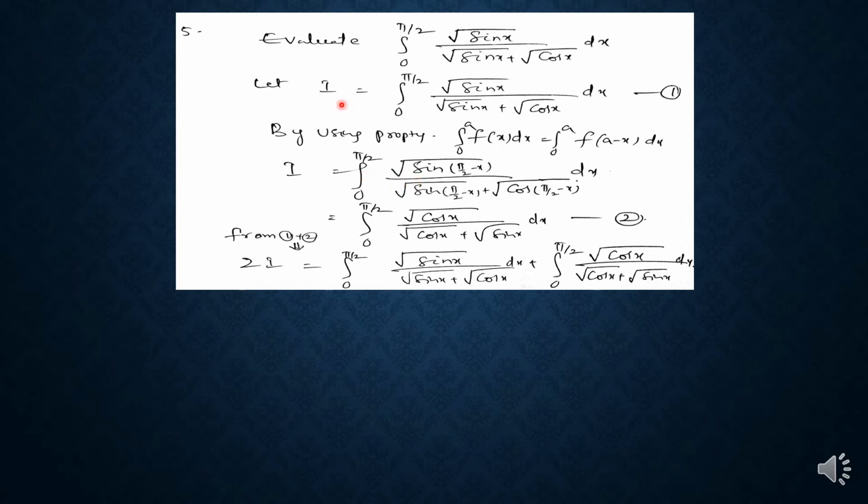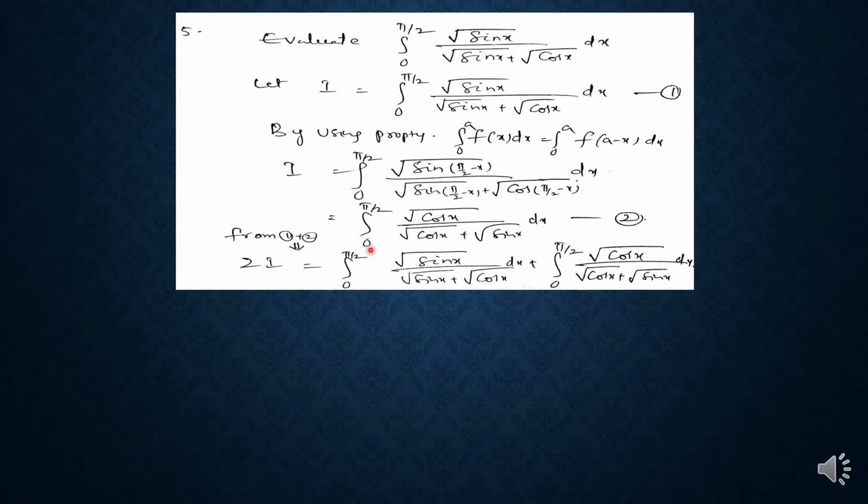Then the first equation becomes I is equal to integral 0 to pi by 2 square root of sine of, in the place of x we should write pi by 2 minus x, f of a minus x. Here a means pi by 2. Pi by 2 minus x divided by square root of sine of pi by 2 minus x plus square root of cos of pi by 2 minus x dx.